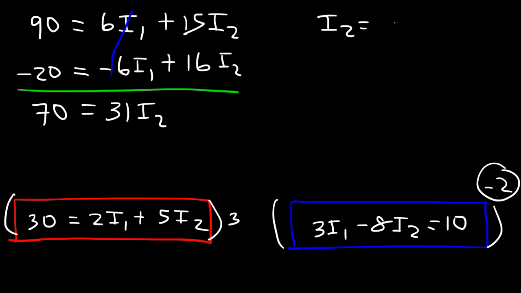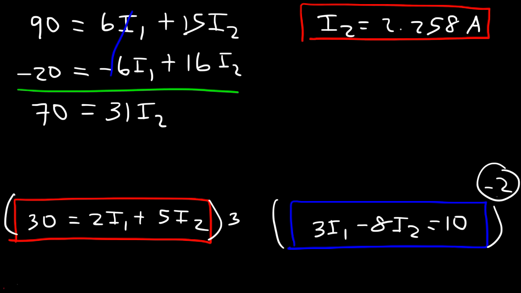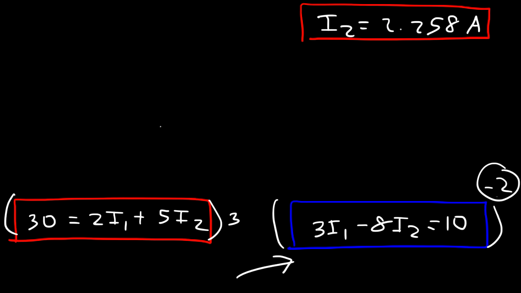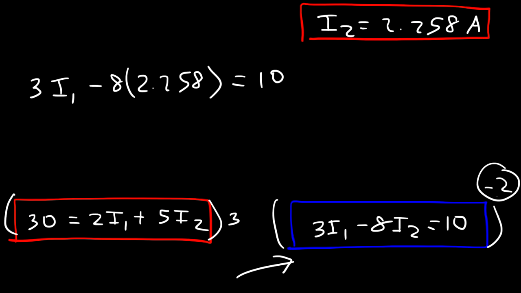So I2 is 2.258 amps. Now let's calculate I1. Let's use this formula. So 3I1 minus 8I2, or 8 times 2.258, is equal to 10.